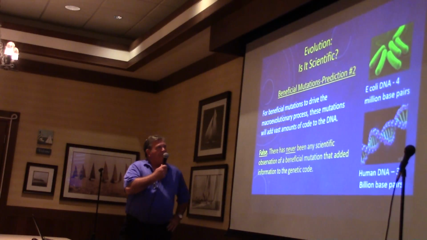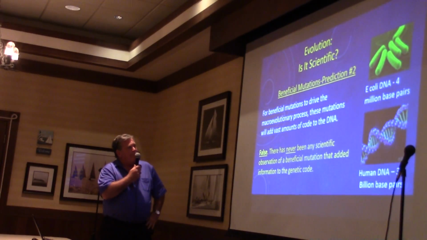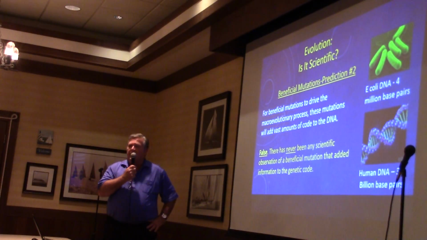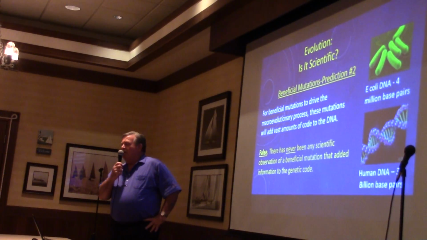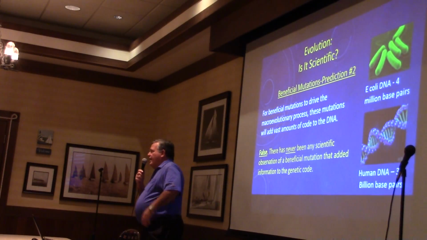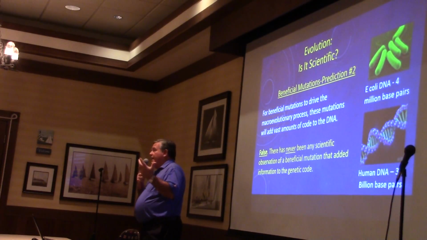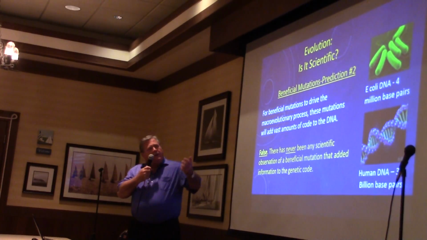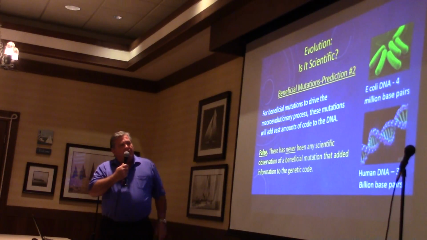Prediction number 2, for beneficial mutations to drive the macroevolutionary process, these mutations will add vast amounts of code to the DNA. All right, we supposedly descended from a one-celled animal of some sort. Nobody knows what that one-celled animal is, but it'd be like a bacteria. Here you have E. coli bacteria, which has 4 million base pairs.